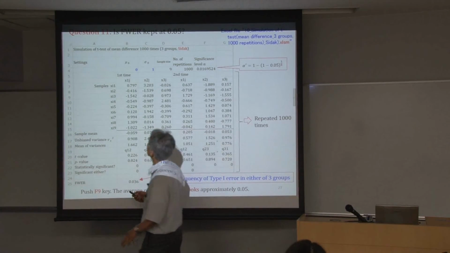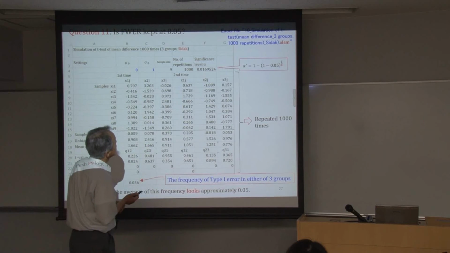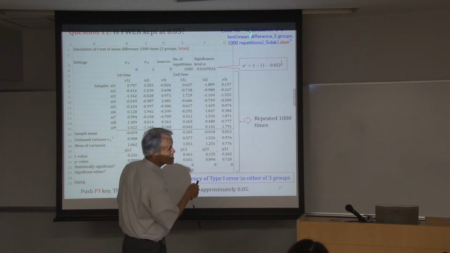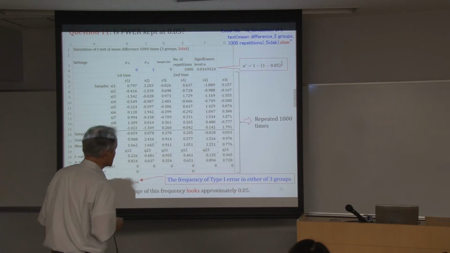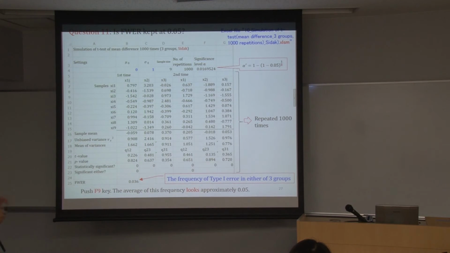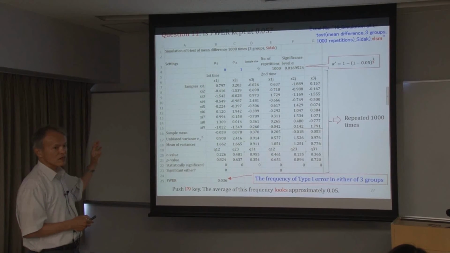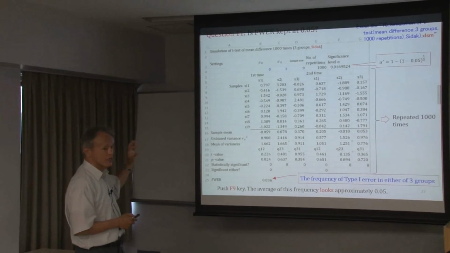Also, in file number 10, this tests comparing the mean values of each group. So in this case, the comparisons are made 3 times.